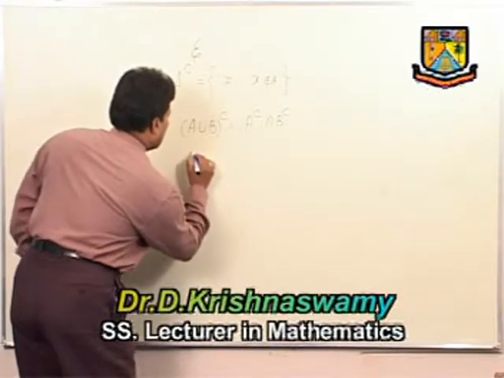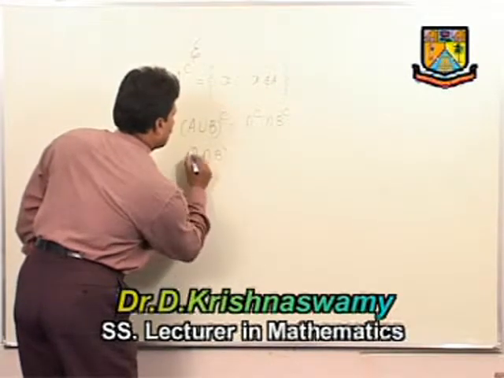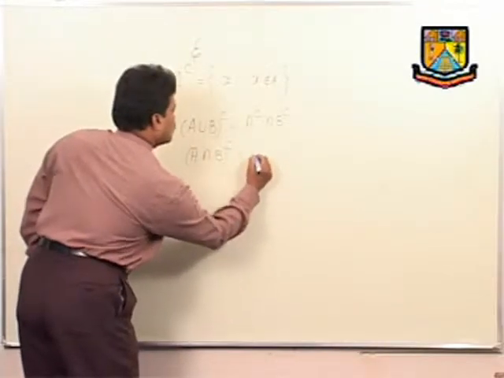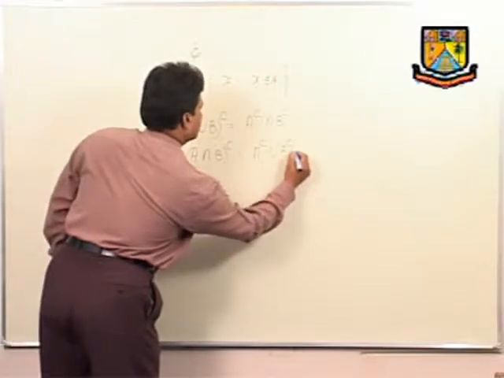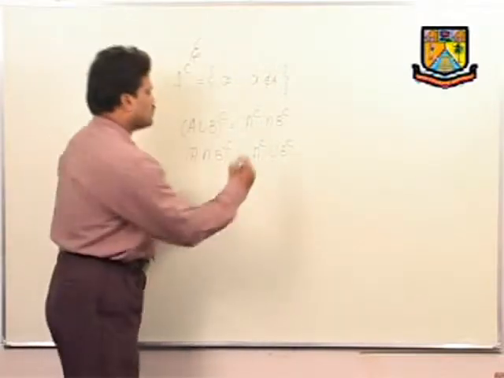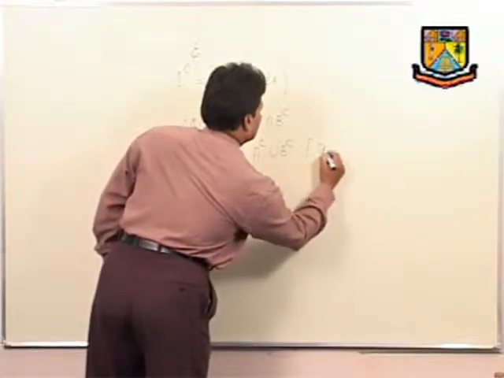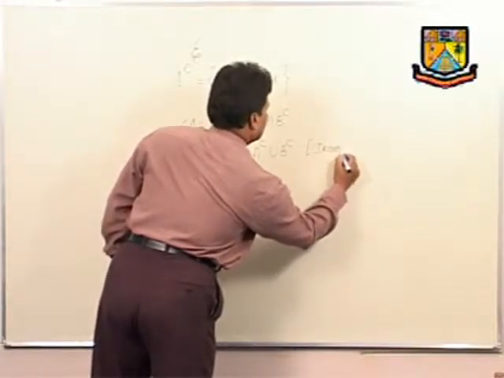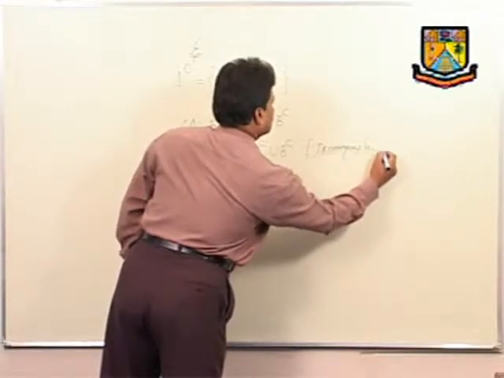Similarly, A intersection B whole complement is equal to A complement union B complement. It is known as De Morgan's law.